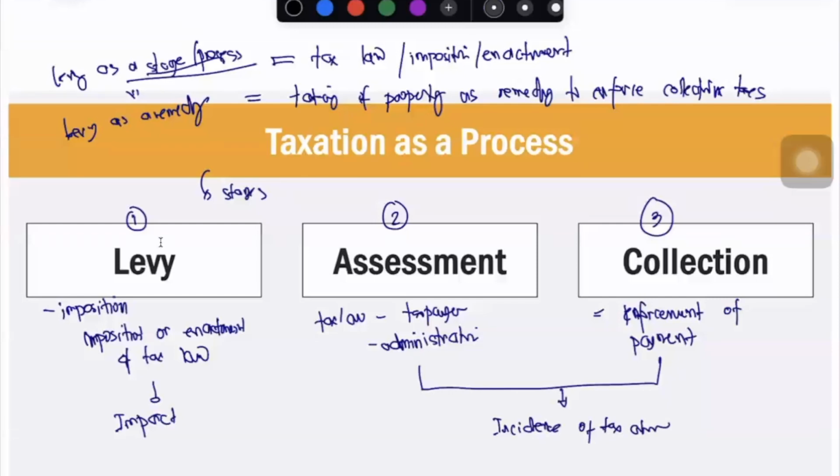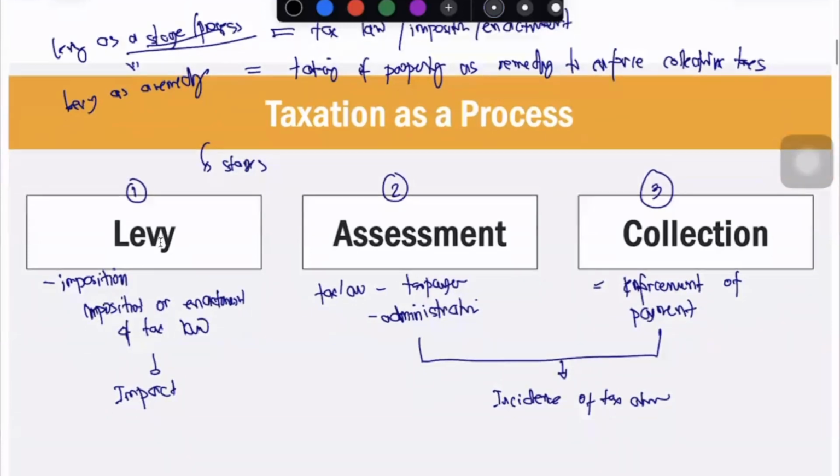Okay? Levy is the impact of taxation, while assessment and collection is the incidence of taxation. Levy is tax legislation, while assessment and collection is tax administration.